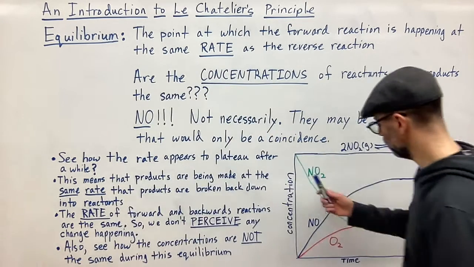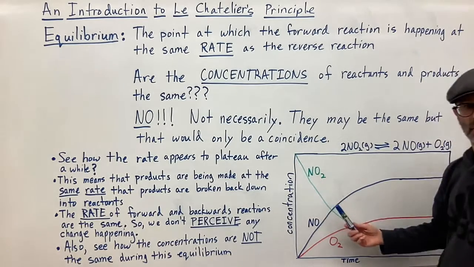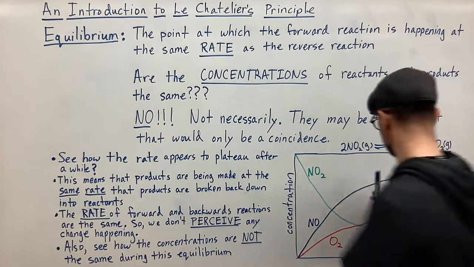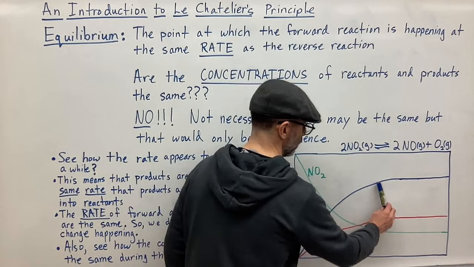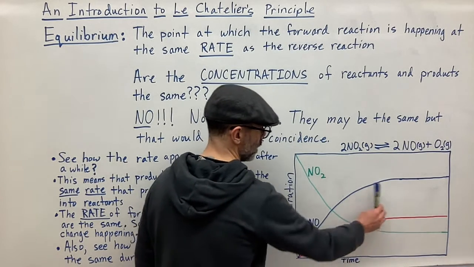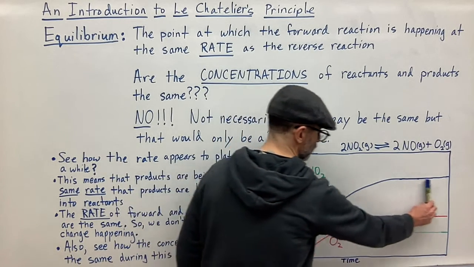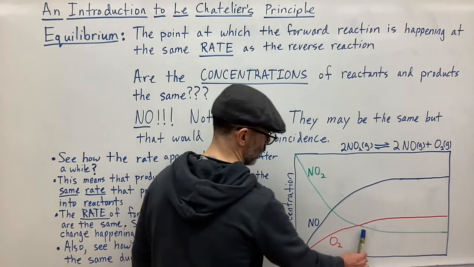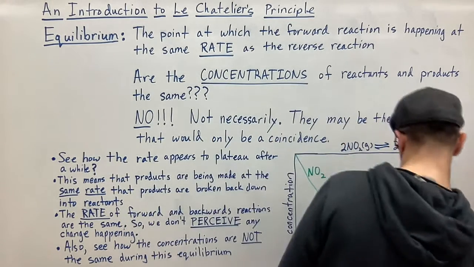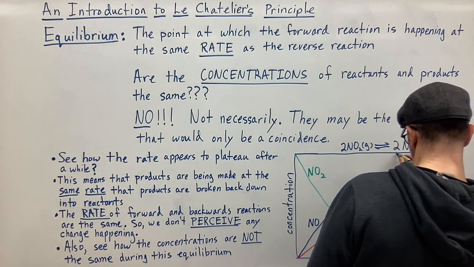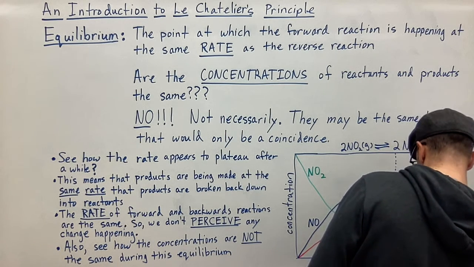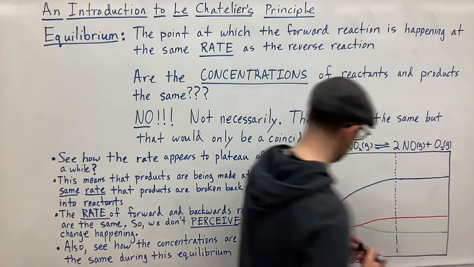The plateau here means that you are reaching an equilibrium. Here the plateau is for the NO, and that starts to plateau. And then these two start to plateau. And you reach a point at which they are all constant.